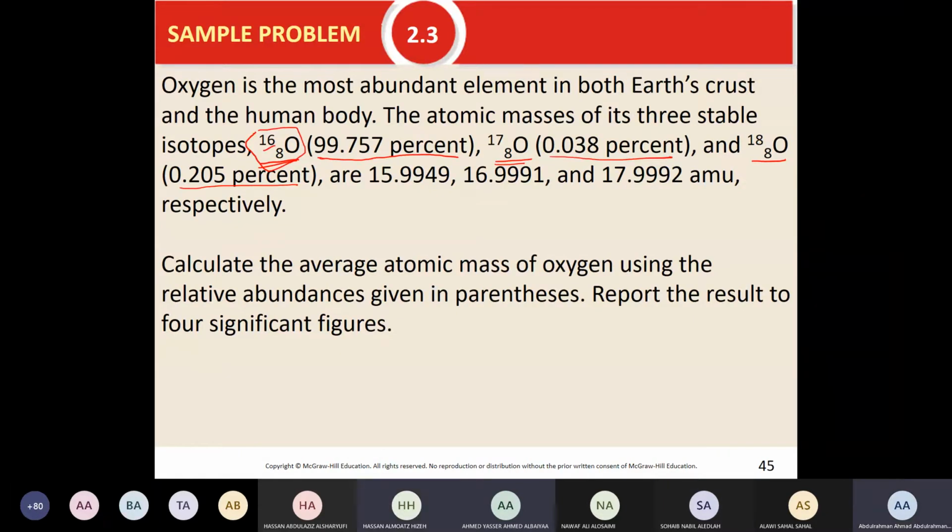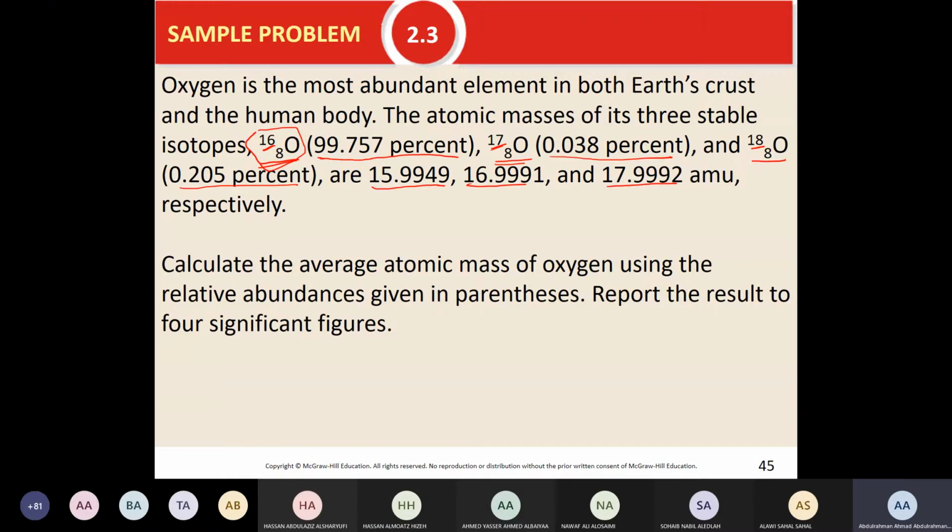What's the mass number? 16. Okay, it's exactly like this. What's the mass number for oxygen 17? 17. And 18 is this number.